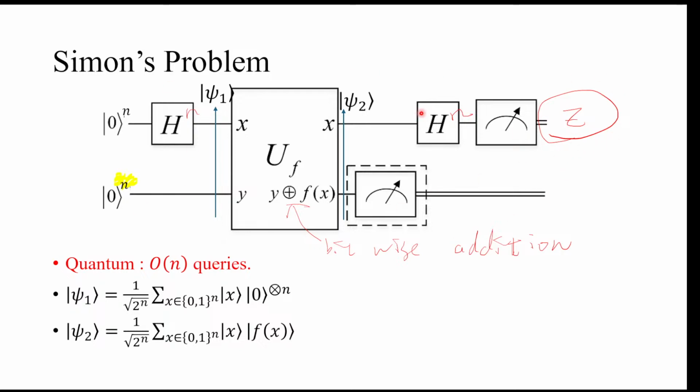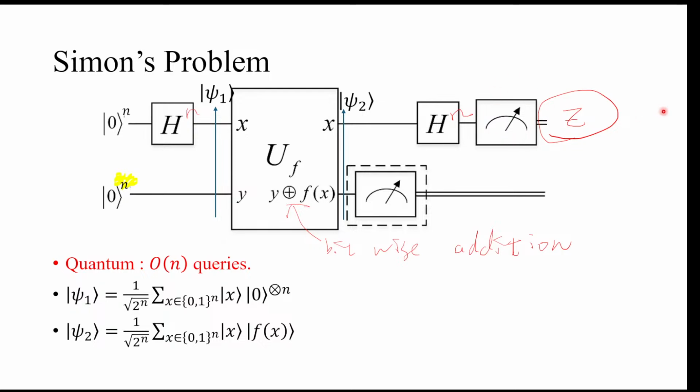So we run this circuit here, and get some result Z. And from several of these results Z, we can solve our Simon's problem. Okay. But let's first look at this algorithm. Once again, it's quite like Deutsch-Jozsa. We have our oracle here, and Hadamard to the n as input, then Hadamard to the n on this input register, and measure it.